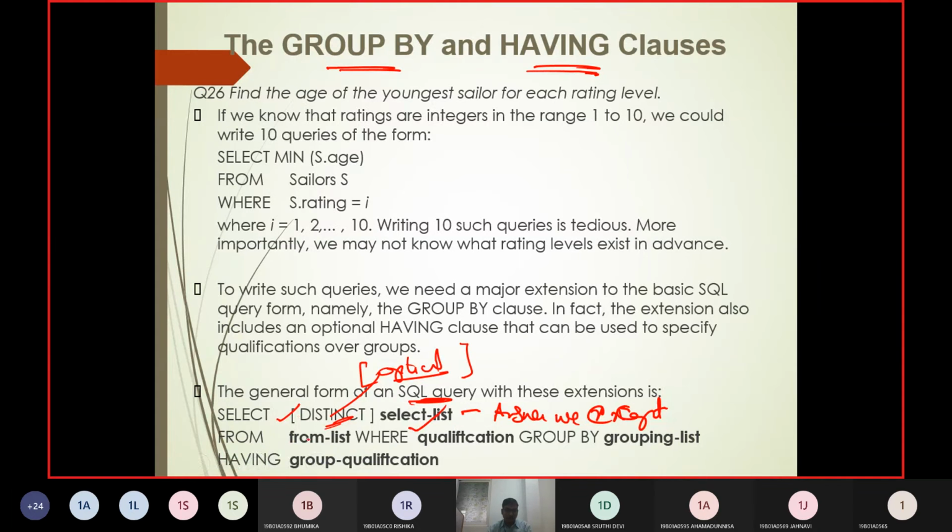Then the from list is going to have the databases, where it is having the qualifier condition, and I need to put things in group by and having, to check whether that group condition is going to be satisfied or not.